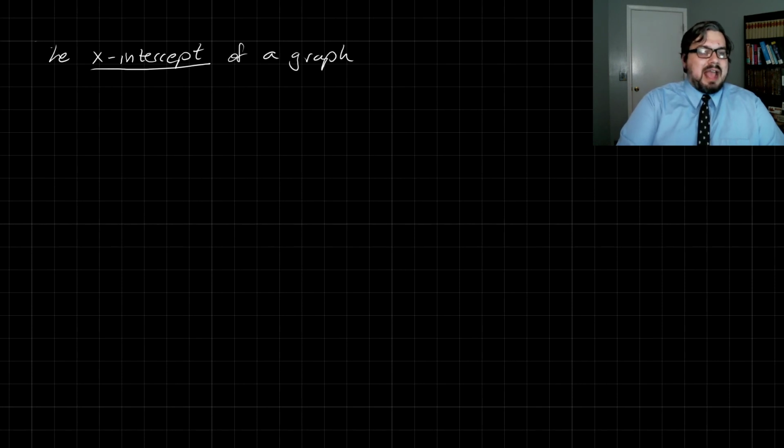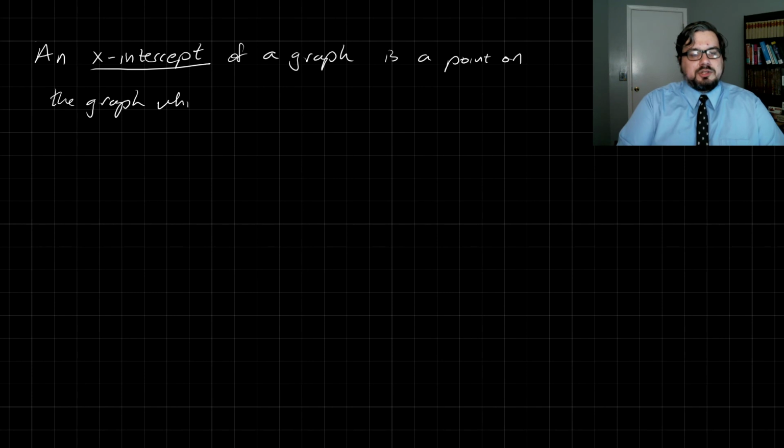So we need a bit of terminology here. The x-intercept of a graph, or I should say an x-intercept of a graph, is a point on the graph which lies on the x-axis, the horizontal axis.